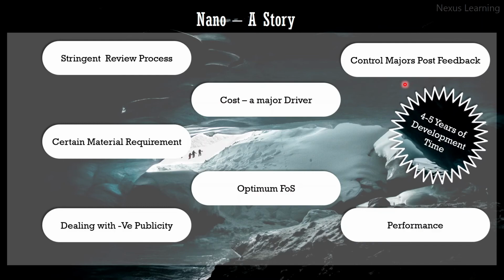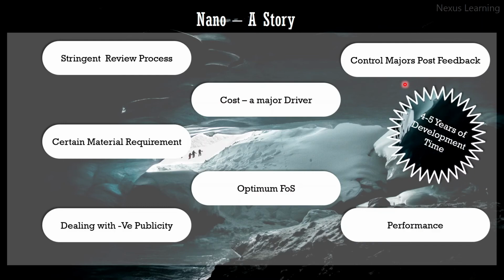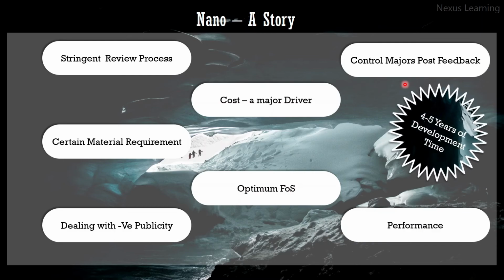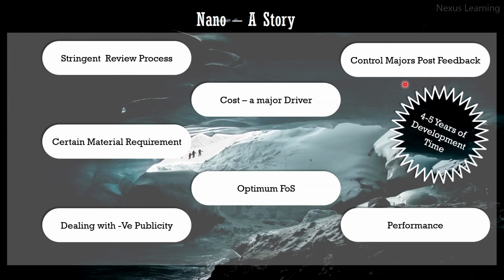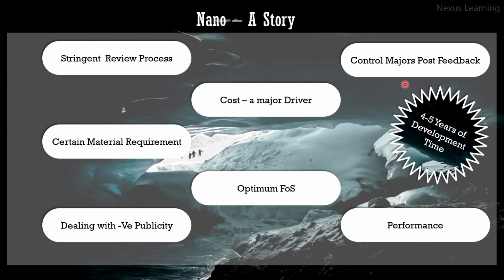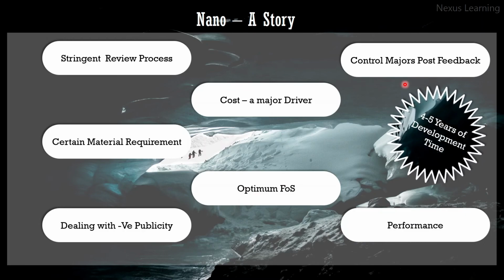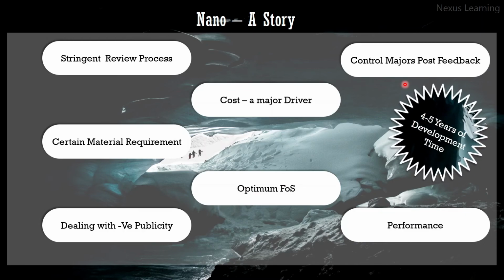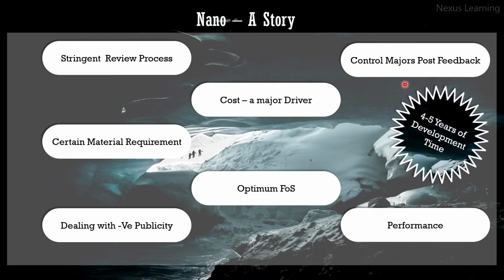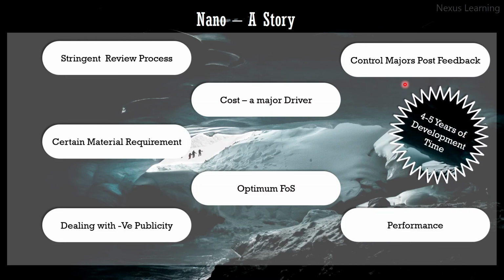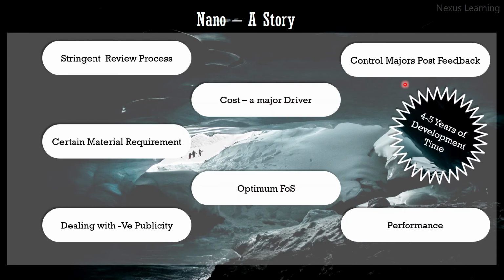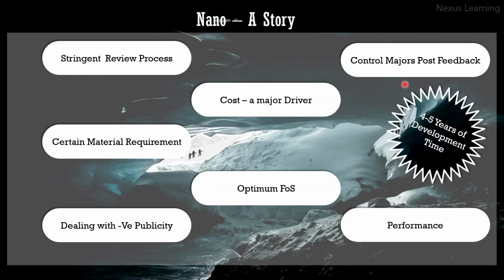Sometimes we stretch the factor of safety for a product. For Nano, they considered the optimum factor of safety. For example, for other products they were considering a 4 and 5 year factor of safety. Here they considered the minimum requirement, that is a 2 or 3 year factor of safety. That's how it was done.